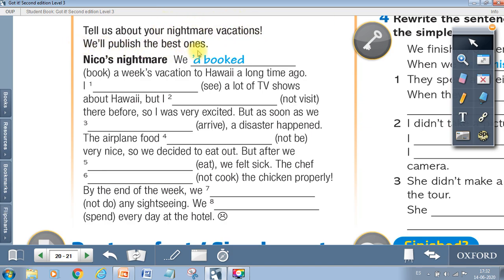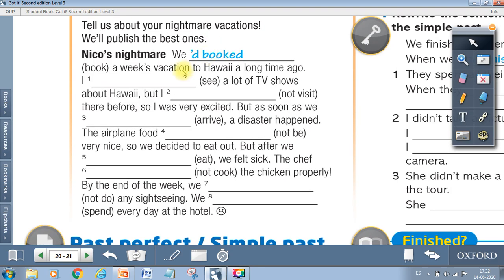We'll publish the best ones. Okay? So take a look. You have this, this, this, this. Remember, if you have it like this with not, it's negative. Okay? So think about that, do your exercises, and I will show you the correct options.